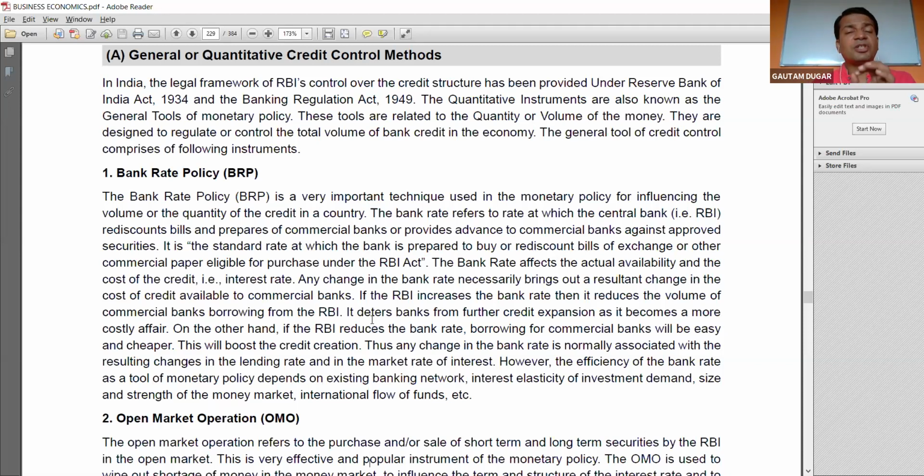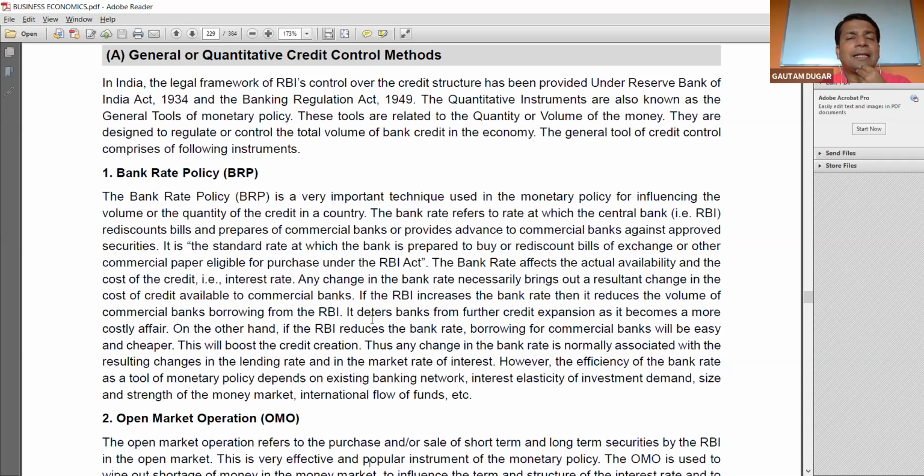The RBI will charge a certain discounting charge. That is the bank rate. Basically, it is nothing but the interest rate, that means the rate of interest at which the RBI gives loans to the commercial banks.